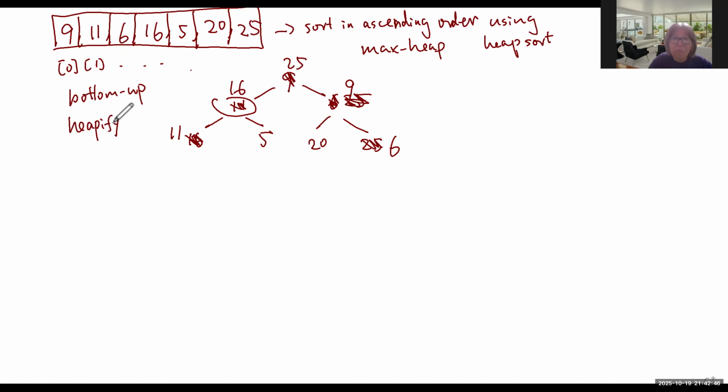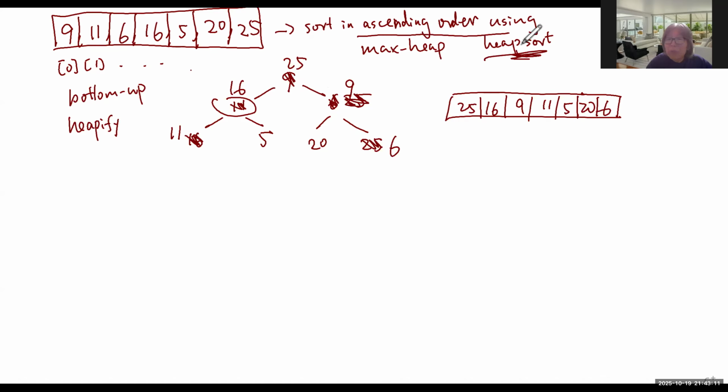So now the array has changed to 25, 16, 9, 11, 5, 20, 6. So how do we do the sorting, heap sort?